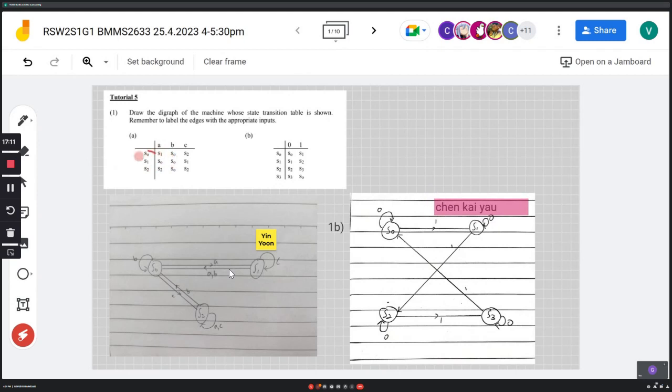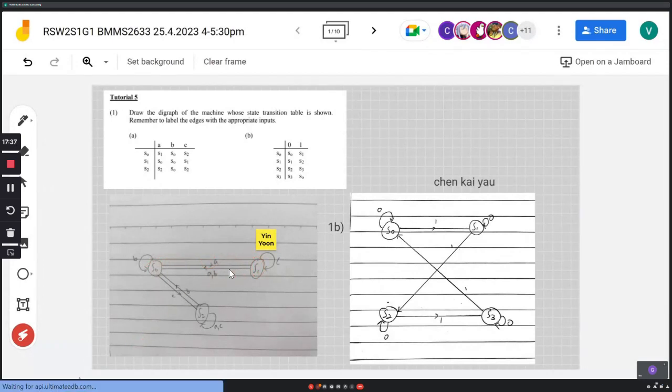What happened to S0? This is the state, okay? What is the condition of the machine at that particular time? After they receive input A, it changed to S1. So from S0, it changed to S1. So when you draw the diagram, S0 after A, you just draw the line A here and then go to S1.